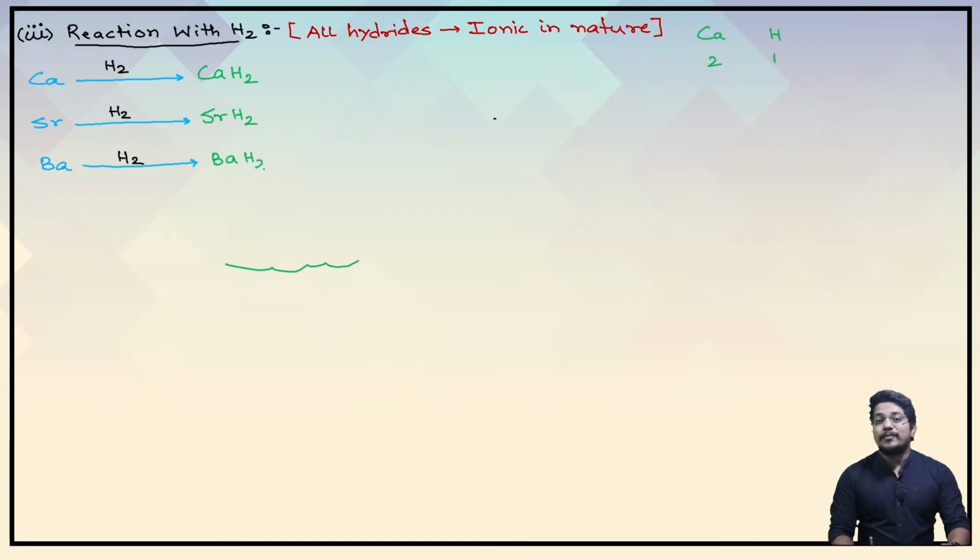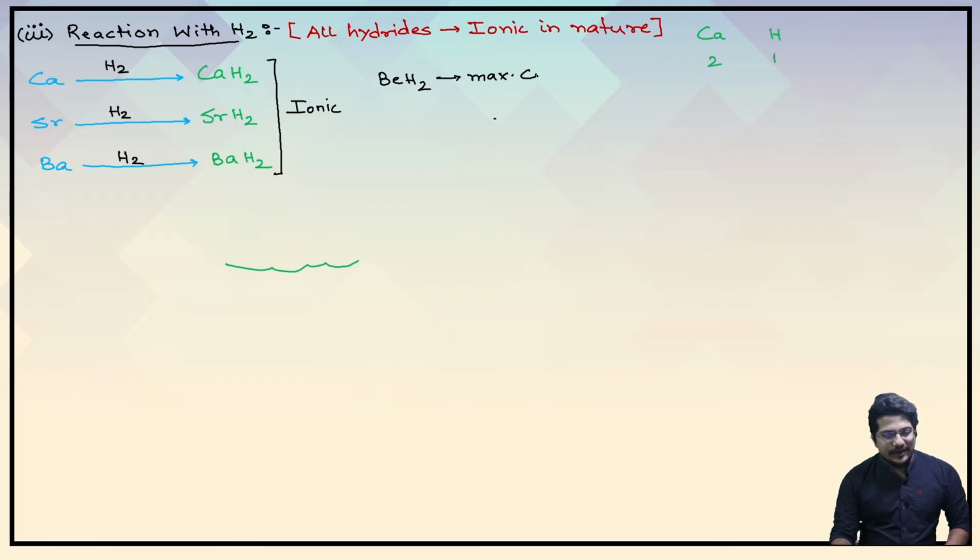Okay, and please remember all of these hydrides which are formed right now are ionic, out of which maximum covalent character will come for beryllium hydride. So let's write down this point so that we don't forget it. What we have said is that all of these hydrides which are formed right now are ionic in nature, but beryllium hydride, that is BeH2, will have maximum covalent character.